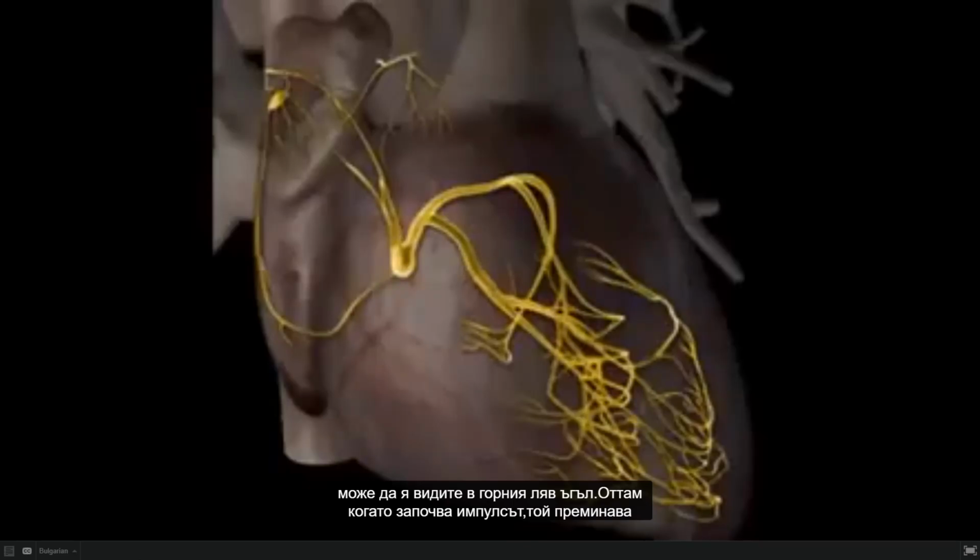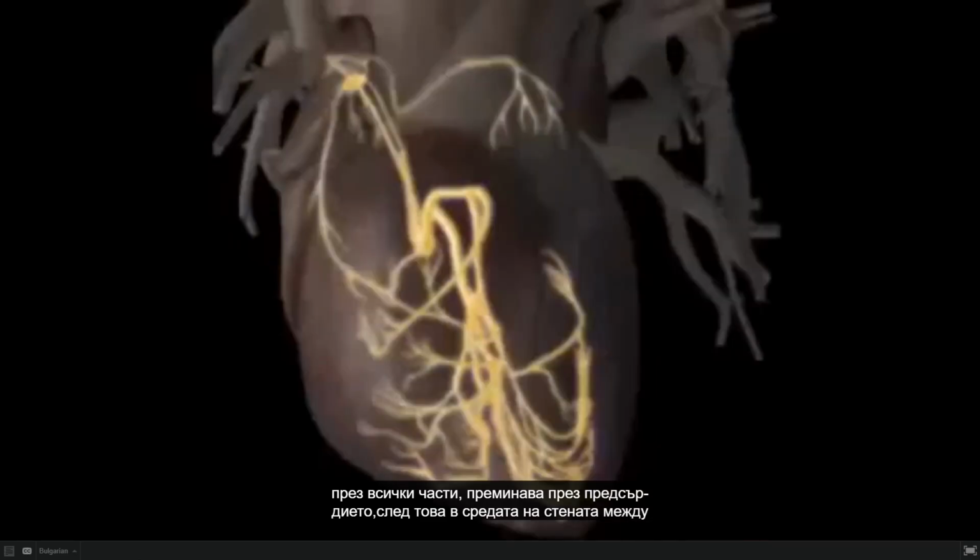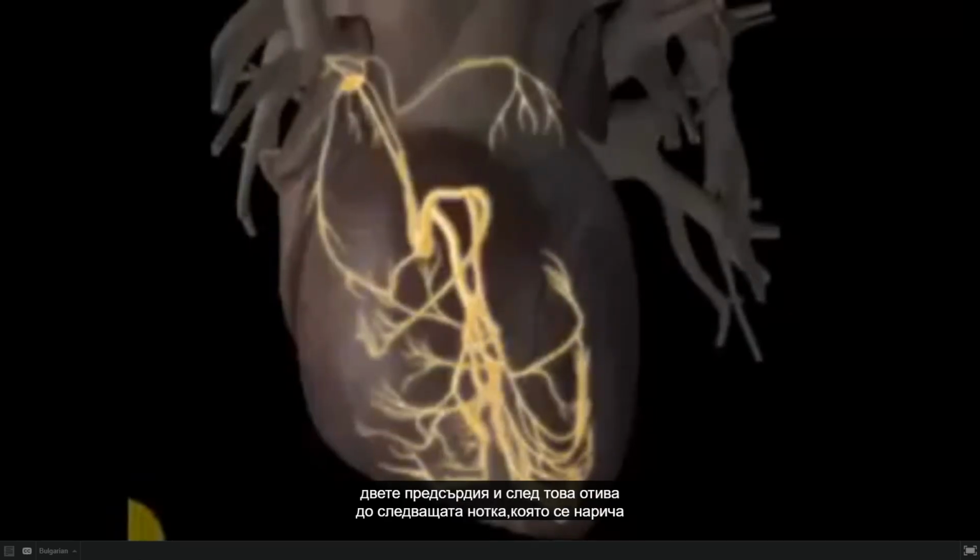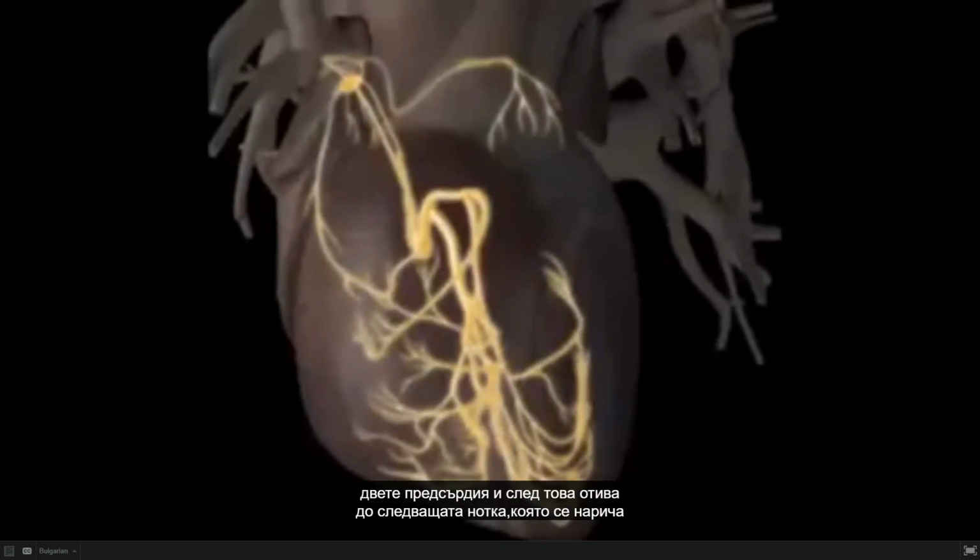From there, when the impulse is started, it goes through all paths, passing the atrium, then in the middle of the wall between two atriums, and then goes to the next node, called the atrium ventricular node.